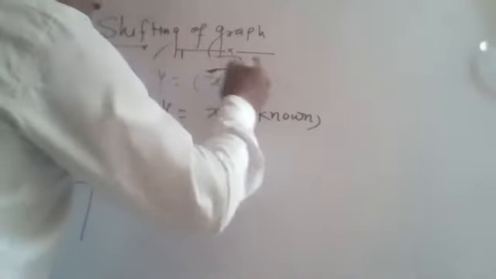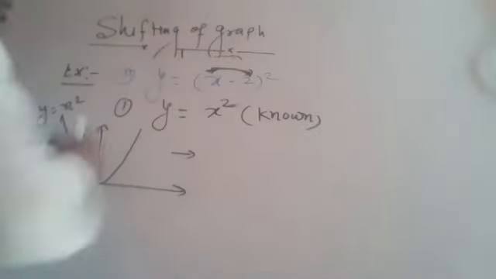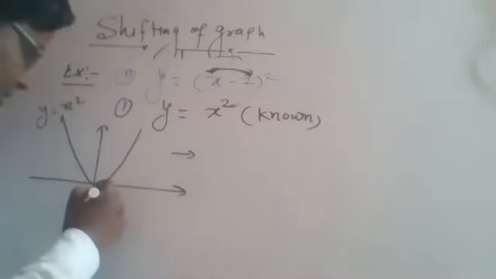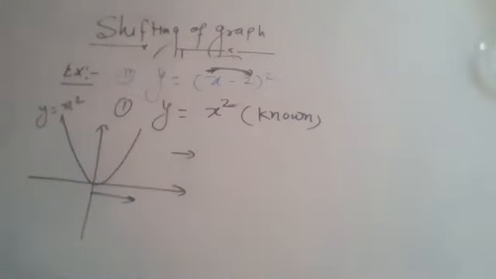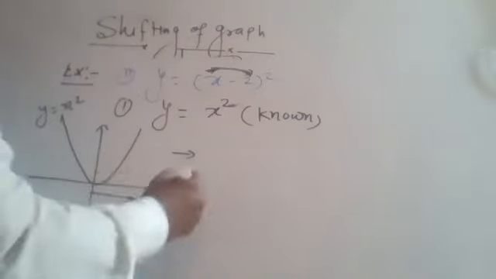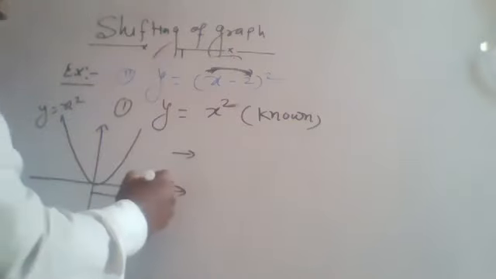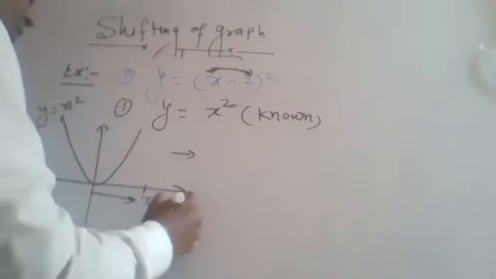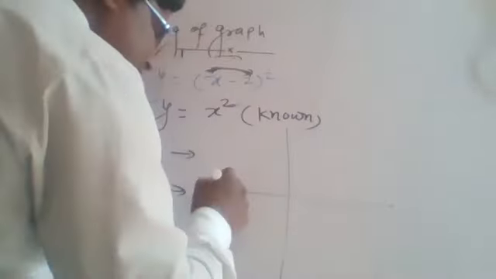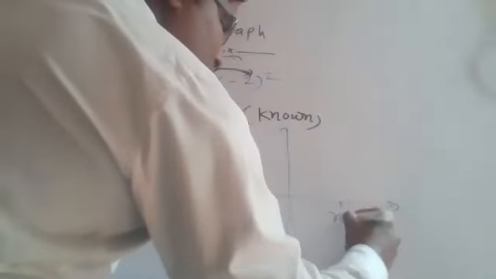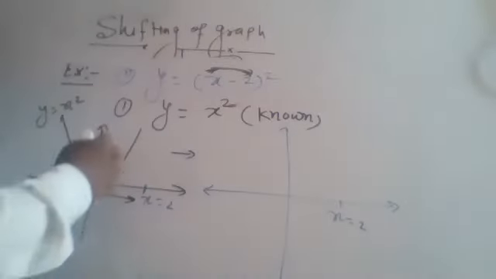Always keep in mind, when the constant is subtracted from the variable, then the graph is going to be shifted along the positive x-axis. So here the graph is shifted along the positive x-axis, and where? At x equals 2.